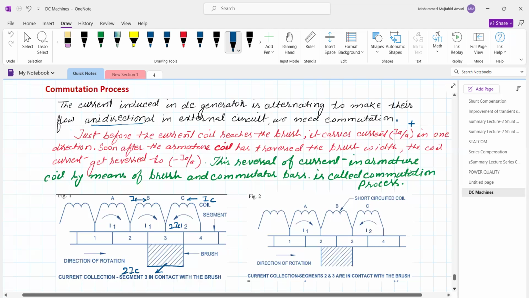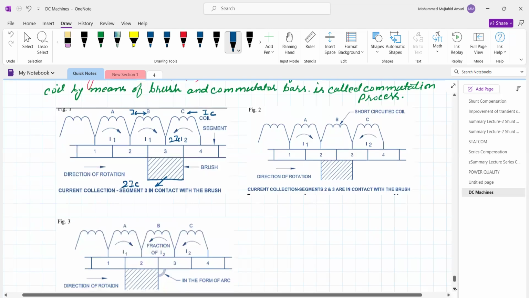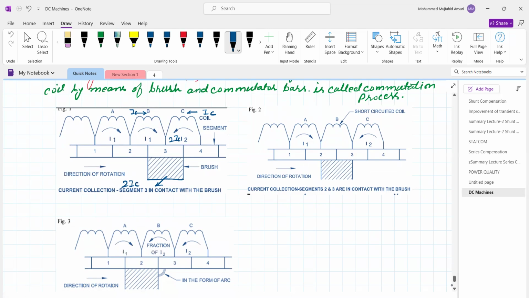This is one position of the brush and segment. Now, once the brush comes to this position, half of the current is the same, isn't it? Suppose this is coming over here. Earlier, what was the direction of current in coil B? In this way, from the right hand side.